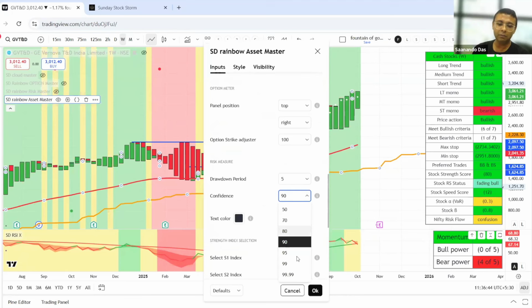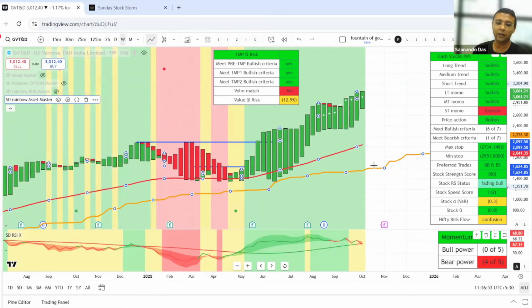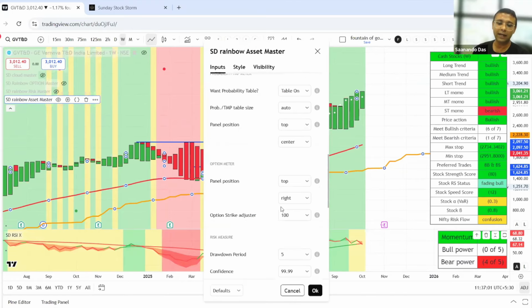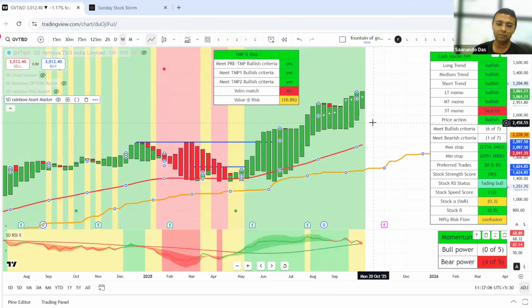If you change 90% to a 95% confidence or a 99.99% confidence, what can be my max loss? 26%. Generally, I prefer to have a 90% confidence level, not 99.99.